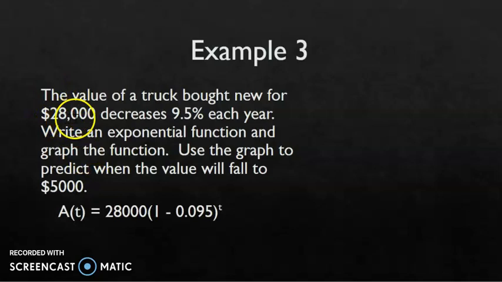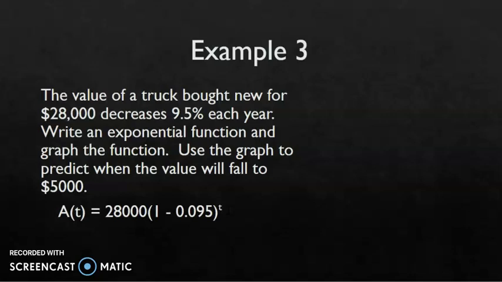So our initial amount is $28,000. We're decreasing at a rate of 9.5%. So in my function, $28,000 is the initial amount. I do 1 minus because it's decreasing. And then 9.5% as a decimal is 0.095. And it's to the t power.